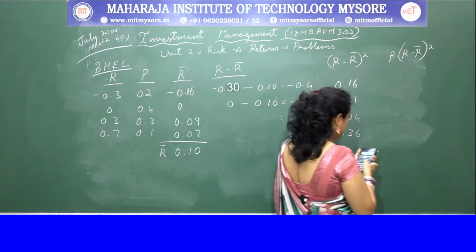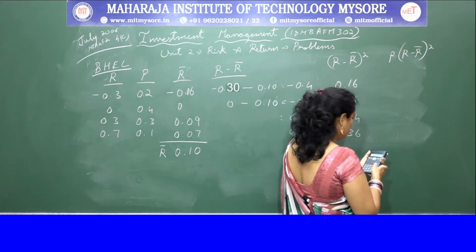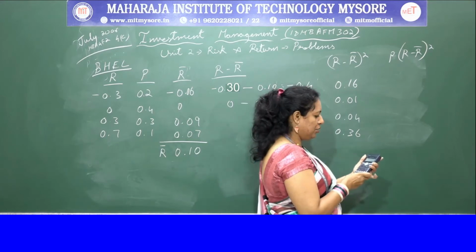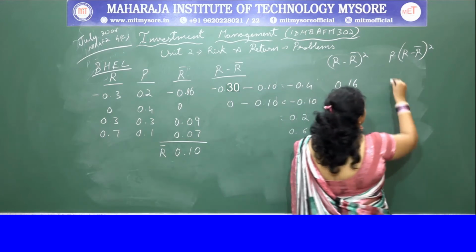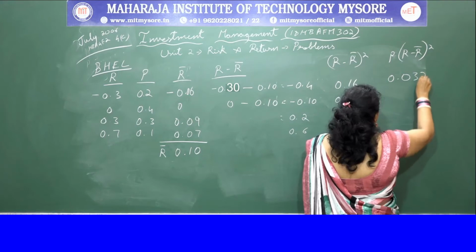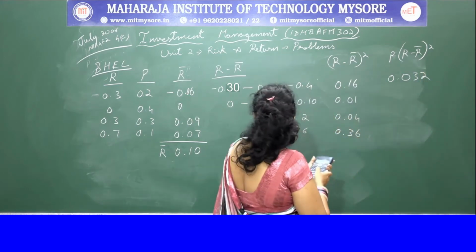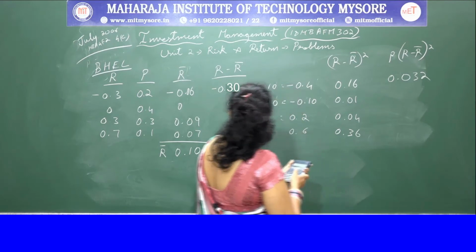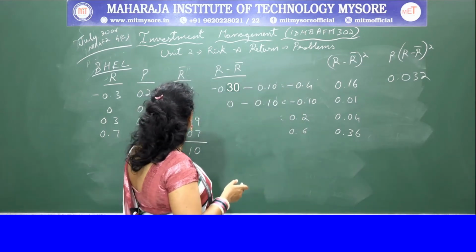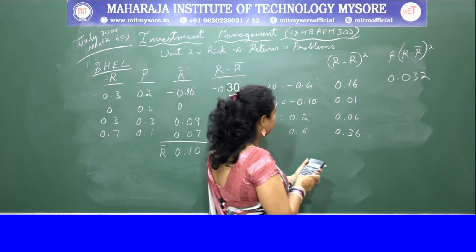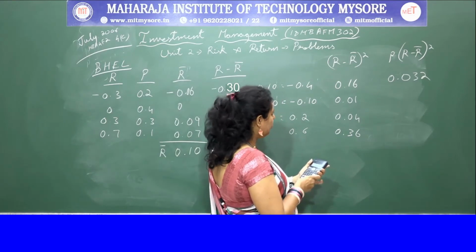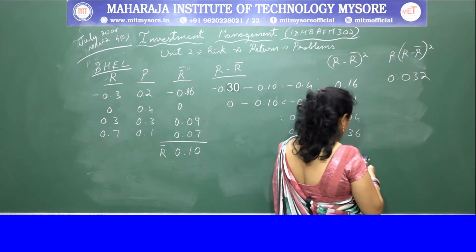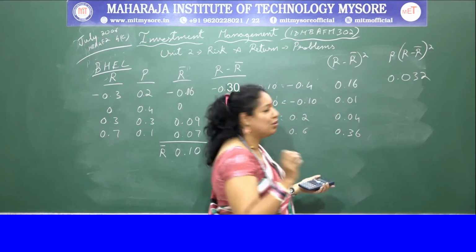So 0.16 into the probability is 0.2, that is 0.032. Then you have 0. Probability is 0.4. 0.4 into 0.01, that is, you get 0.004.